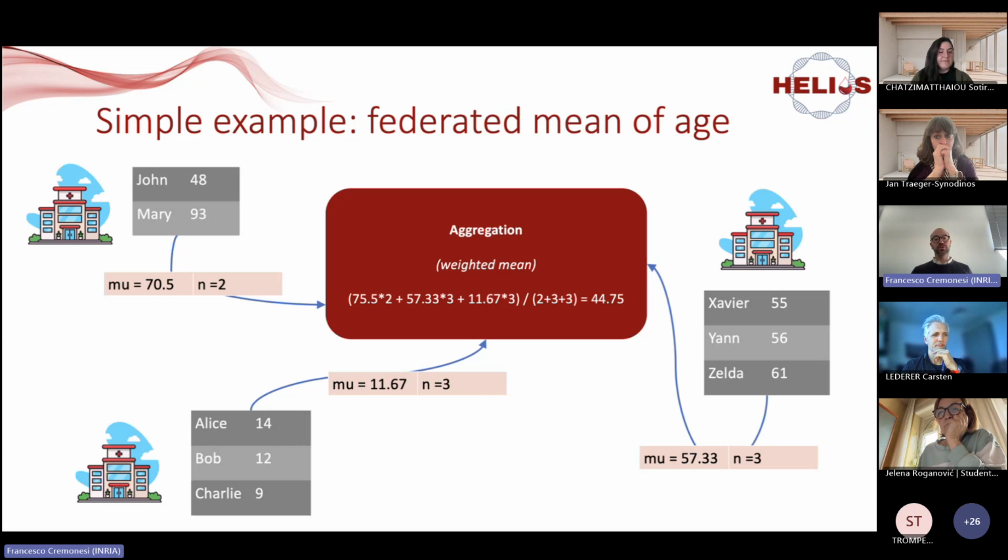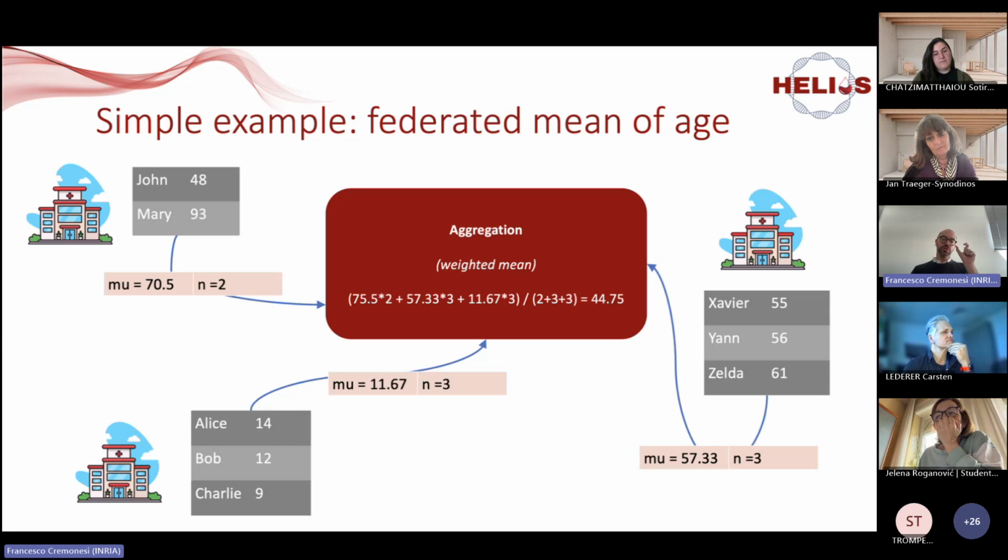But you never want to share their data. So the data that you don't share is in gray here. And basically what you do is that instead of simply computing the average age per hospital, you would compute the average age, but also the total number of subjects, or patients, in that center.